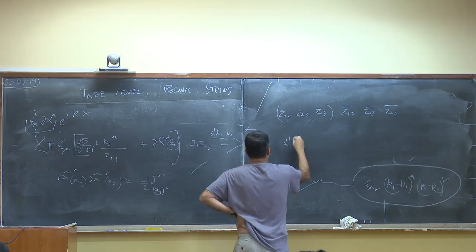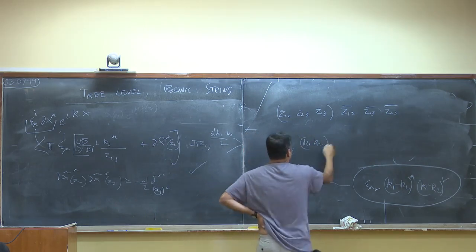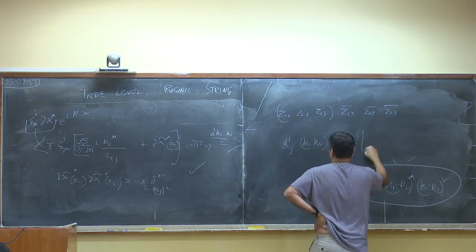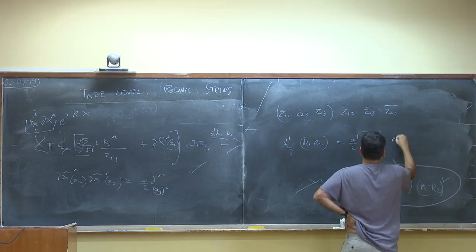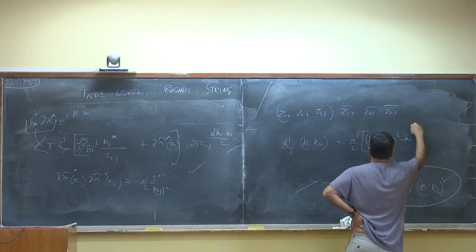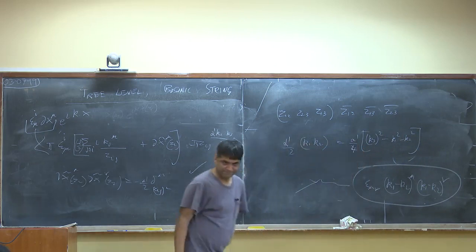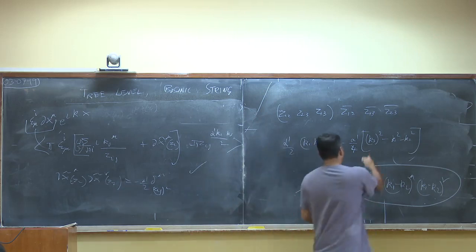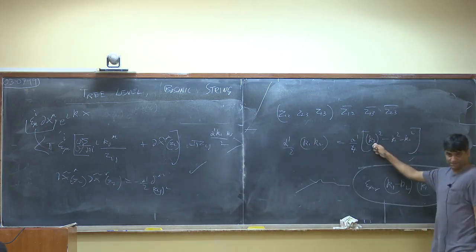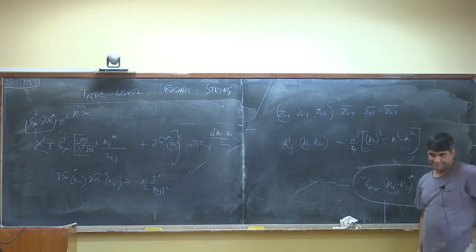That's alpha prime by 2 k1 dot k2, which is alpha prime by 2 into k3 squared minus k1 squared minus k2 squared, by 4. Right? Now, k3 squared was 0, but each of these was 4 by alpha prime.